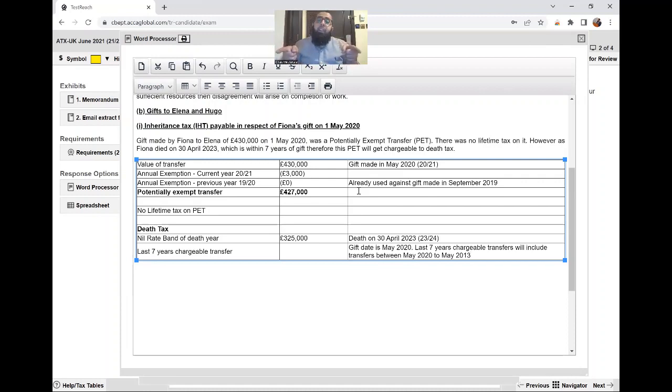First, we look at the 7 years before death to identify the transfers on which the death tax will apply. And then we go back 7 years from each gift. So gift date is May 2020. Last 7 year chargeable transfers will include transfers between May 2020 and May 2013.